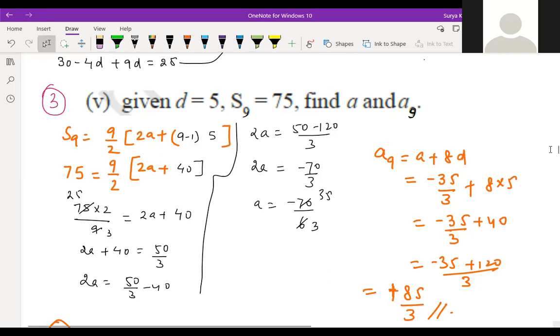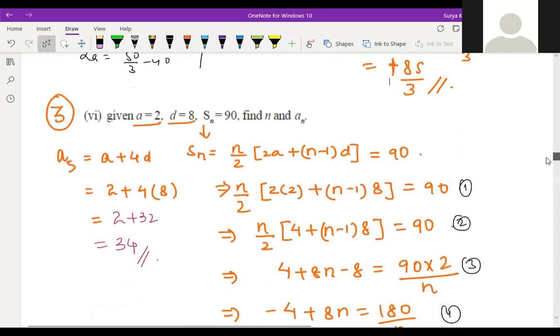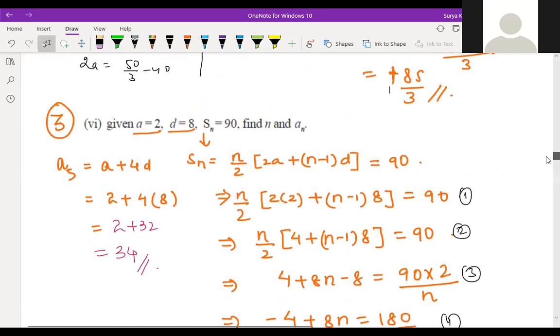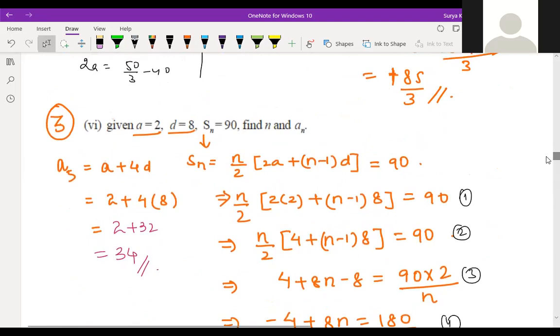Okay, next question is the sixth one. So A is given, D is given. You should find N and AN. Okay, I'm erasing this.